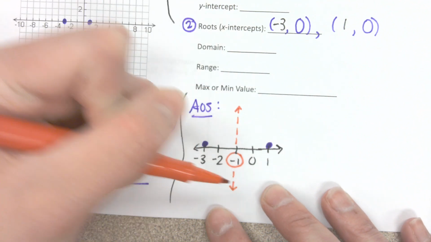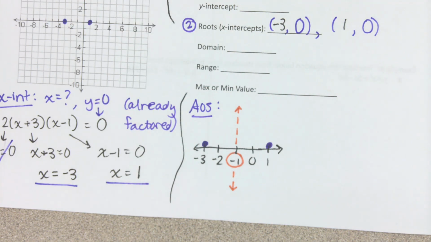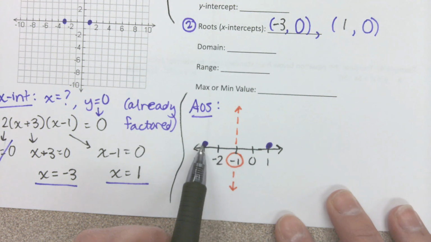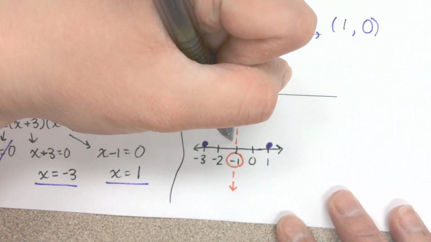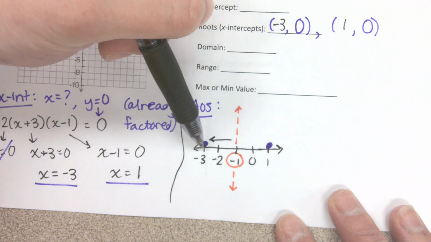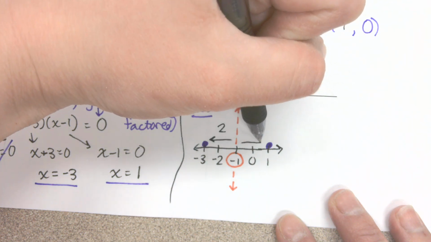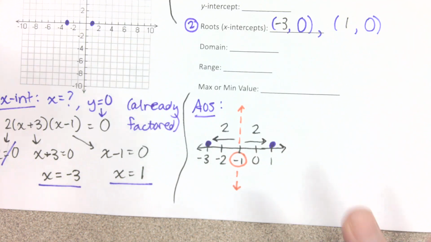Now, even if you are 100% confident that this is correct, always check. Remember, the axis of symmetry cuts the whole graph in half, so it's going to be the same distance from one point to the other. So make sure you count. This is 1, 2 to the left, and 1, 2 to the right. Make sure they match. If they don't, you have not found the AOS.